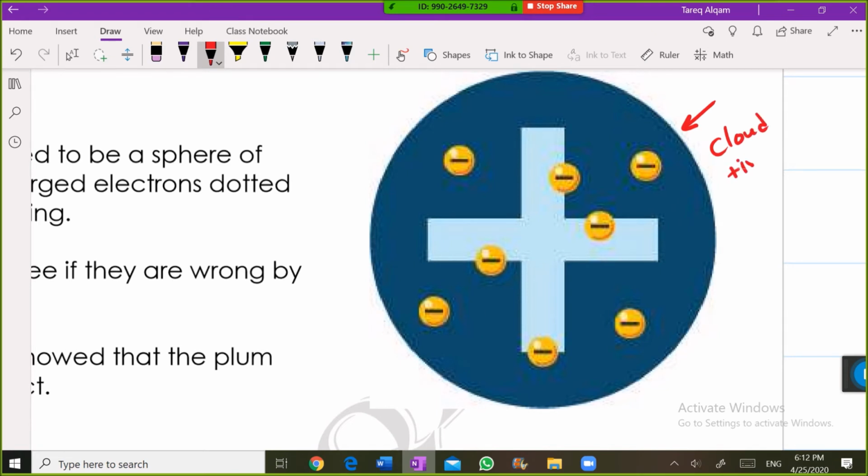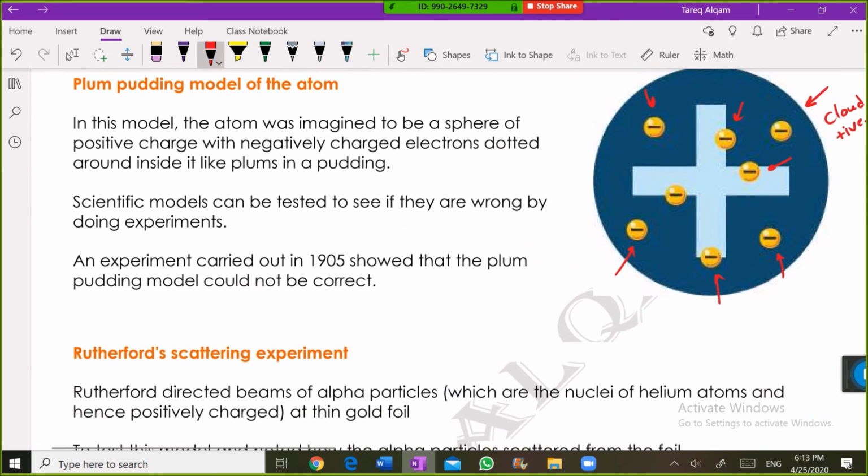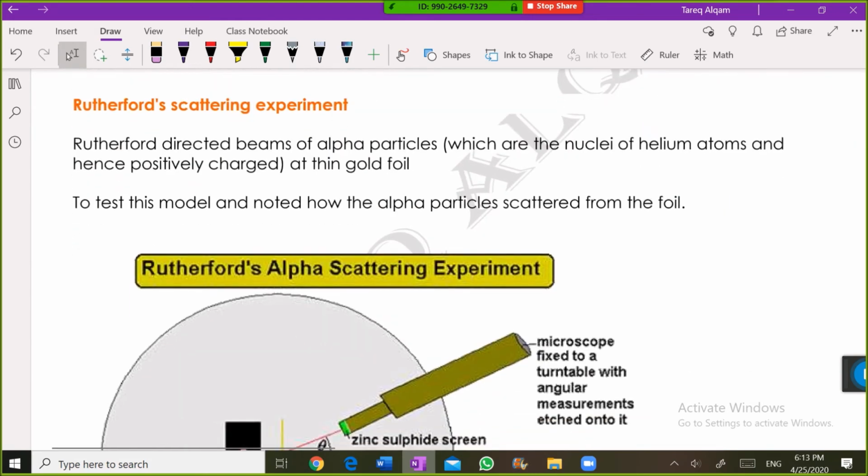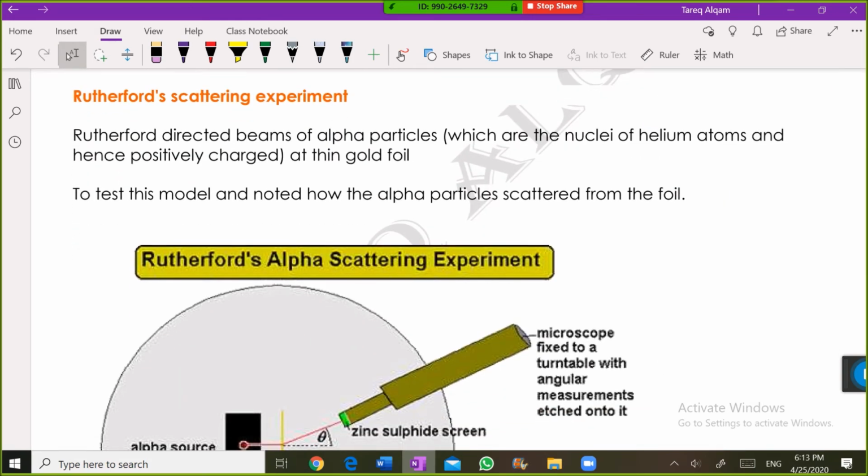This cloud of positive charge, guys, is dotted by the electrons, like the plum pudding or even like a watermelon or something like this. This was the previous model that was formed by a scientist called Thomson. Now you know that scientists, then came Rutherford, they always like to philosophize and put their touch. So Rutherford at that time wanted to test this.